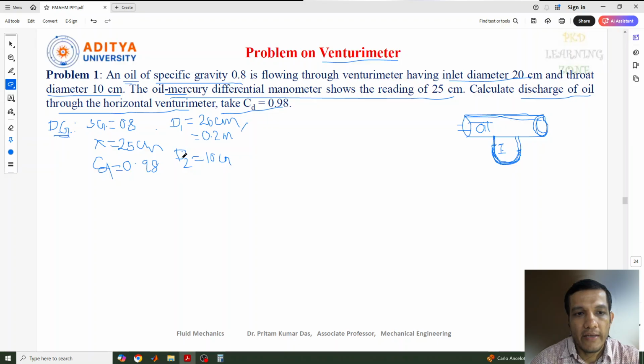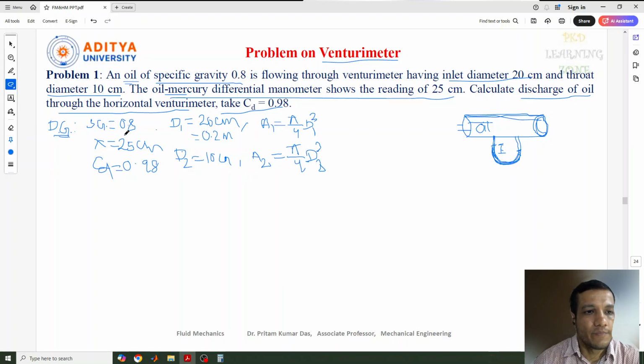So by this diameter we can calculate A1, and by this diameter we can calculate A2. We know the formula, pi by 4 D1 square, and similarly we can write pi by 4 D2 square.